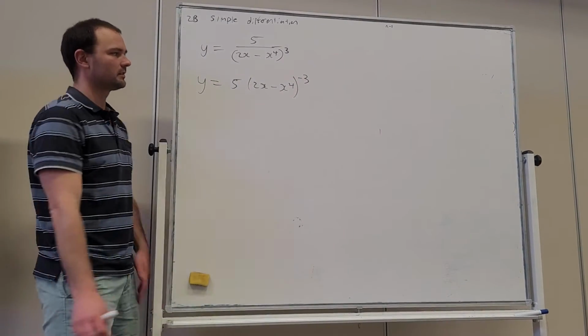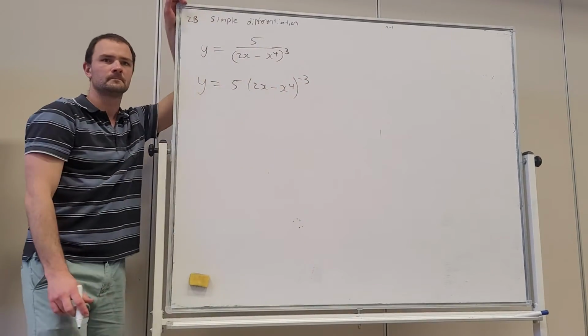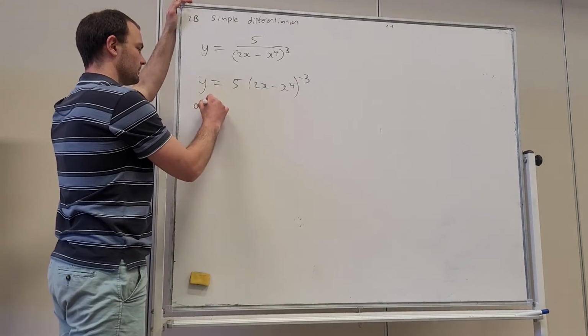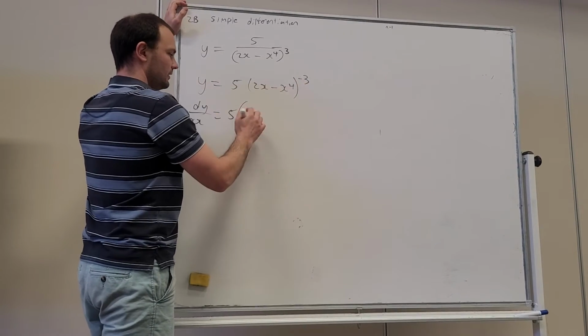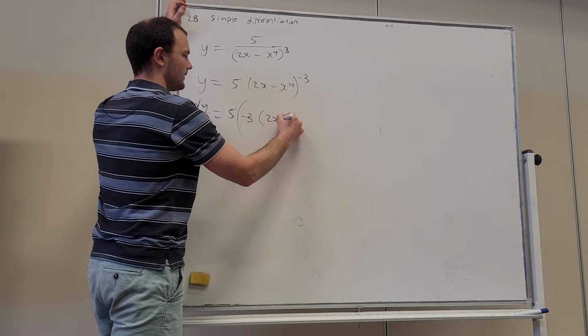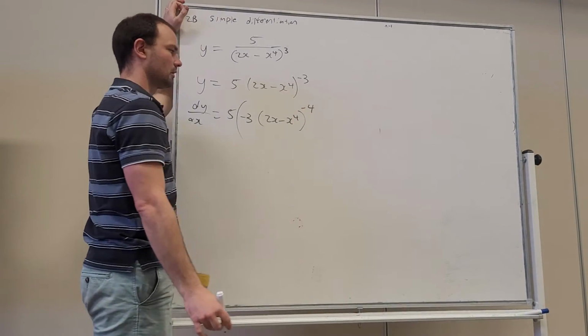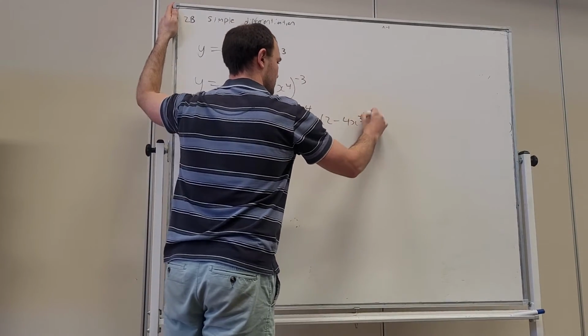So we can see f of x to the power of n. Okay, let's differentiate. 5's just hanging out. We have n, f of x, n take 1, times f dash of x.